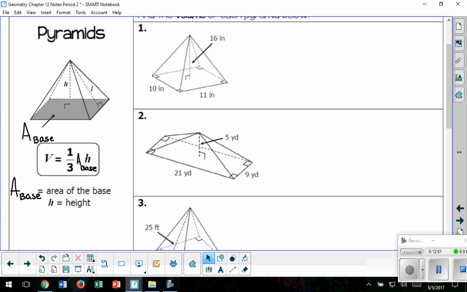The area of this base is what? What's the area of the base? Okay, length times width, right? So like, what's the area of the base of a pyramid? Everybody with me? Yep. Okay.